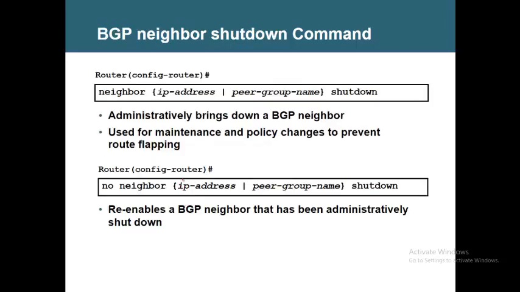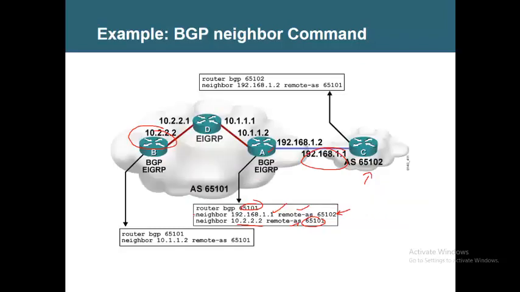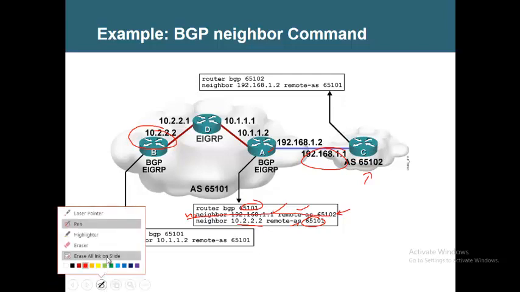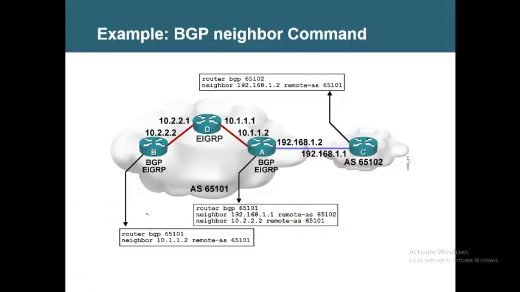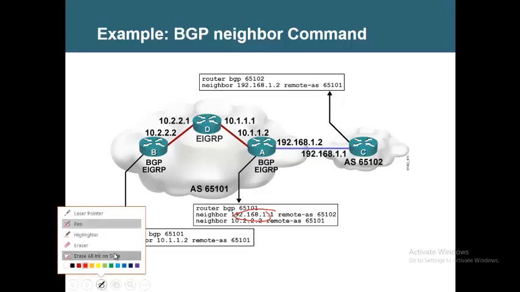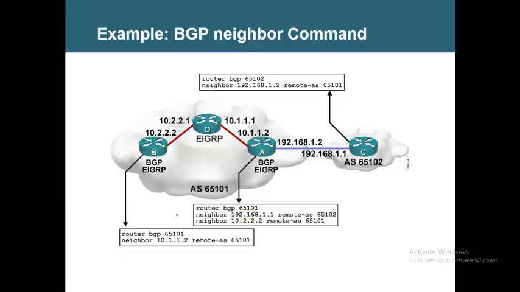Now, if you want to temporarily shut down a neighbor, you don't need to cancel the neighbor. You don't need to put no in front of this and delete this line. Don't do it. If you do that, there may be many other policies bound to this neighbor, and all will get removed, not just the one neighbor statement. When you remove a neighbor, all the policies that you configured for the neighbor will get removed.